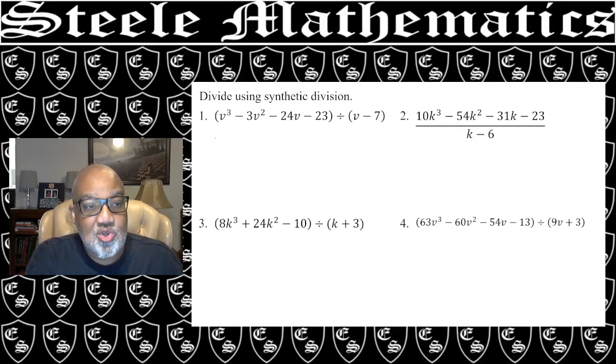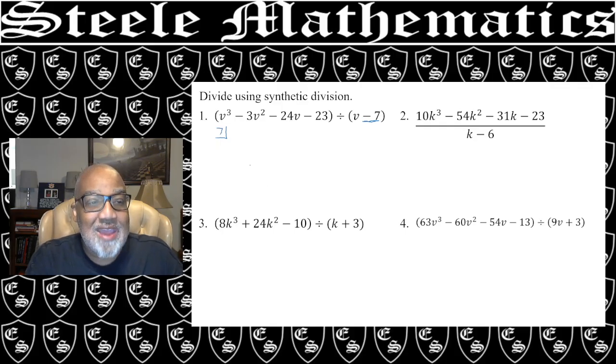First, you'll draw a half box like this. And what you're going to put in that half box is the opposite of the constant term of your divisor. If that's negative 7, then you put in positive 7.